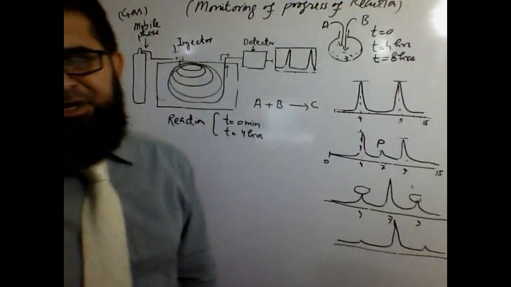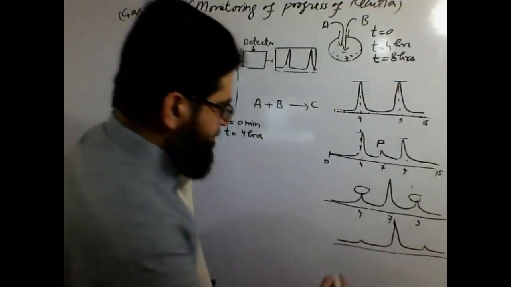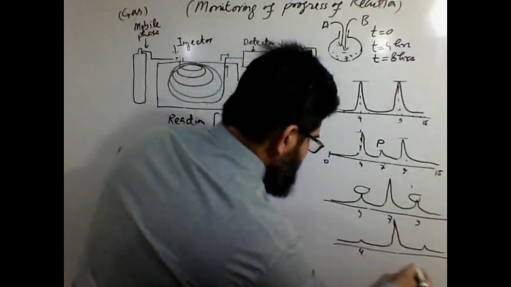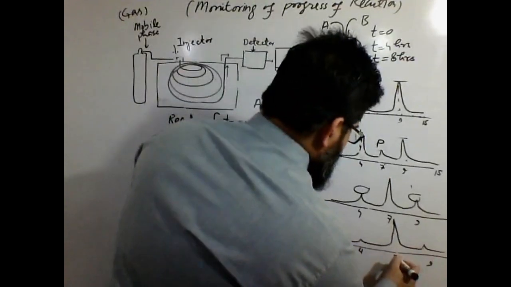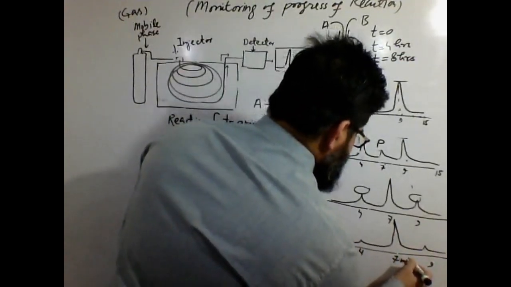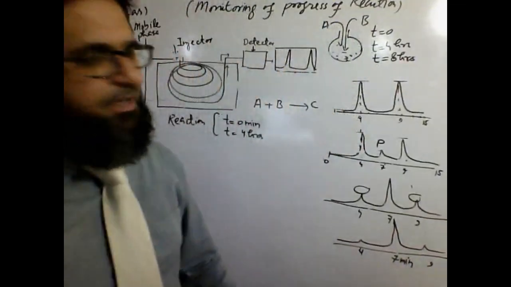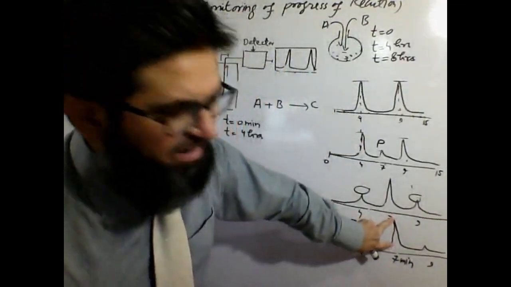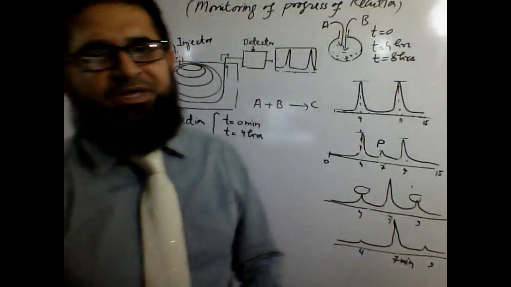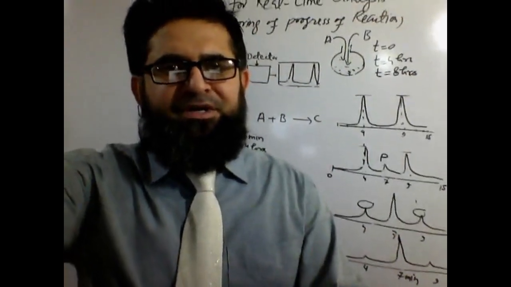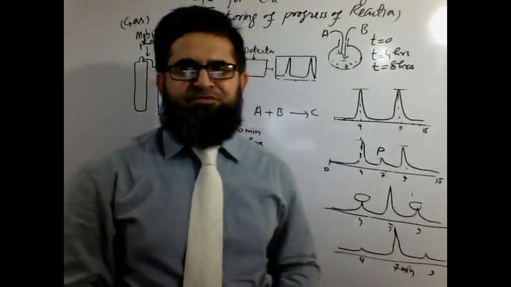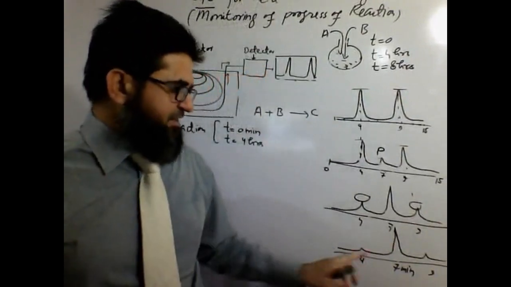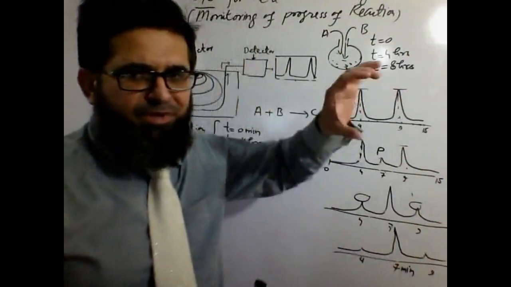It means very little amounts of reactants are present at 4 and 9 minutes, but at 7 minutes the peak has increased to maximum height, maximum area, representing that the maximum amount of the product has been formed, and the reactants have reduced to minimum.